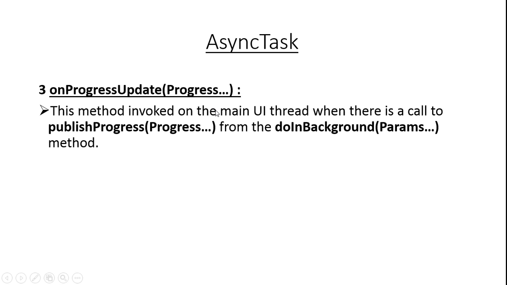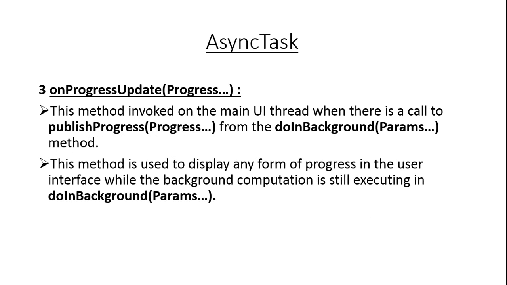And from this method, you can publish the result into the UI thread. This method is used to display any form of progress in the user interface while the background computation is still executing in the doInBackground method. For example, you can display the downloading progress using a progress bar while the download is still running within the doInBackground method.